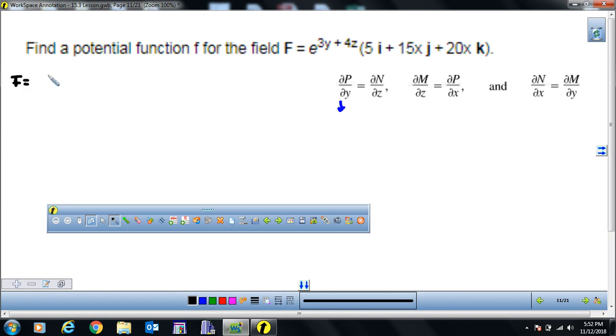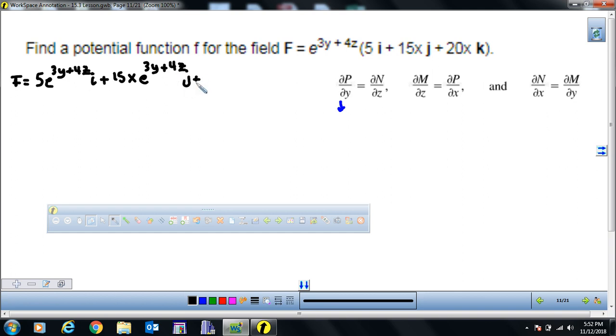F equals 5e to the 3y plus 4z i plus 15x times e to the 3y plus 4z j plus 20x times e to the 3y plus 4z k.